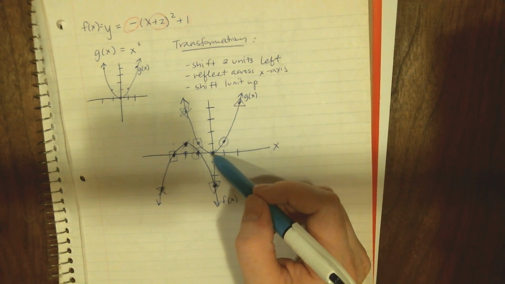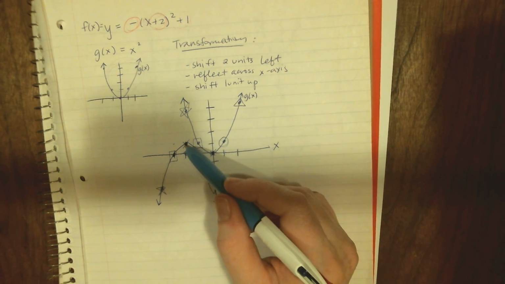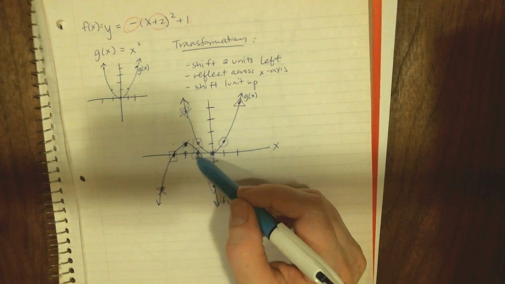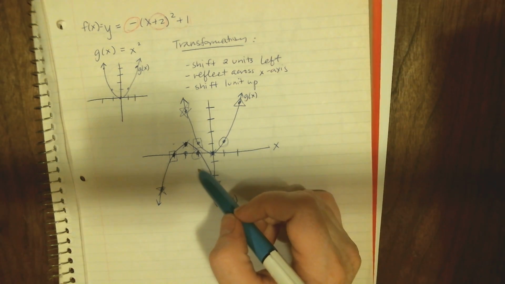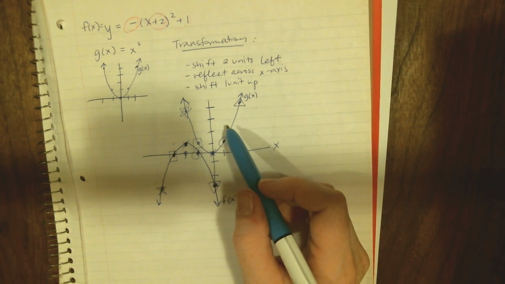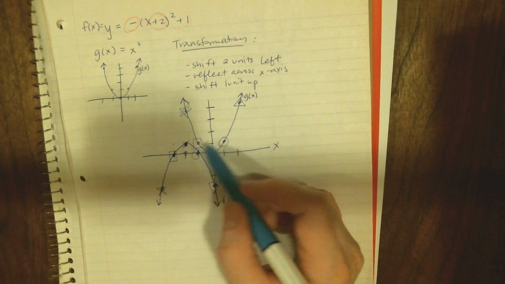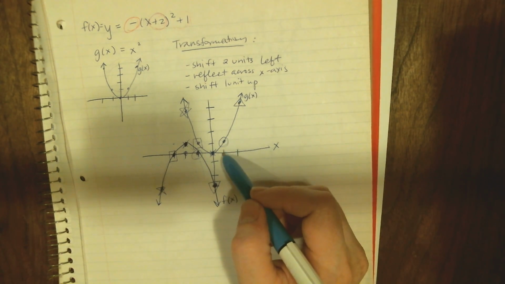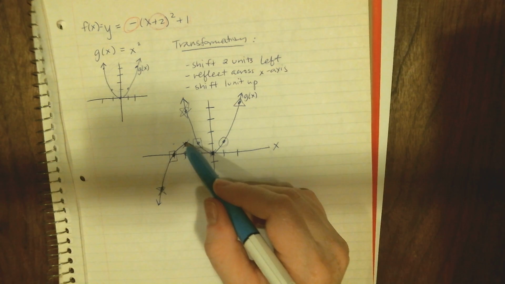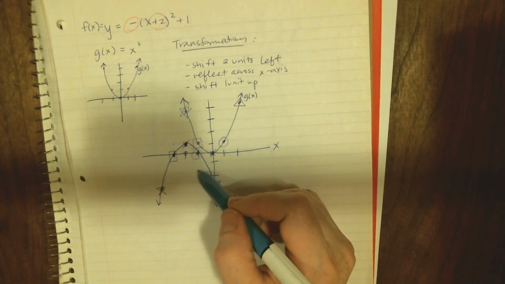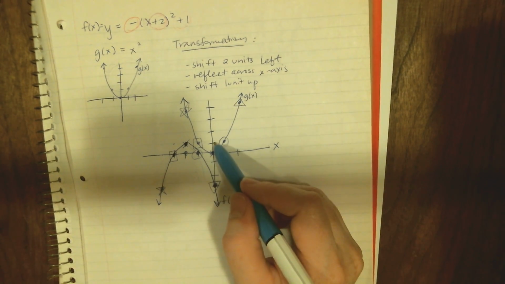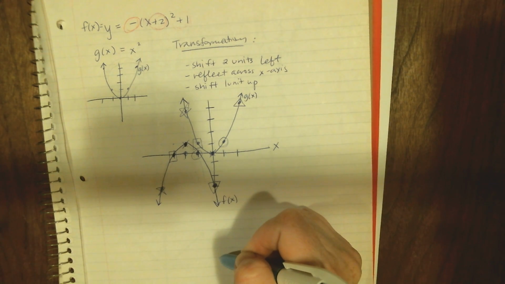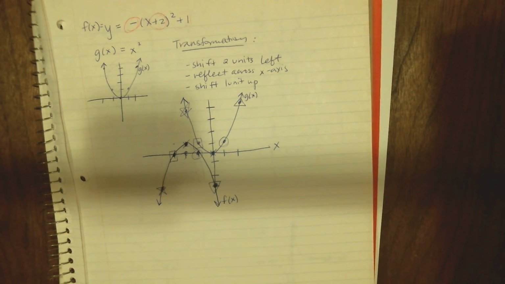Instead of going right 1, up 1, I'd go right 1, down 1, 2, because I'd have the reflection and the stretch by a factor of 2. So my y's would be vertically stretched by a factor of 2. And I'd go right 2, down 1, 2, 3, 4, 5, 6, 7, 8. All of my y's are going to get multiplied by 2 if I vertically stretch by a factor of 2.